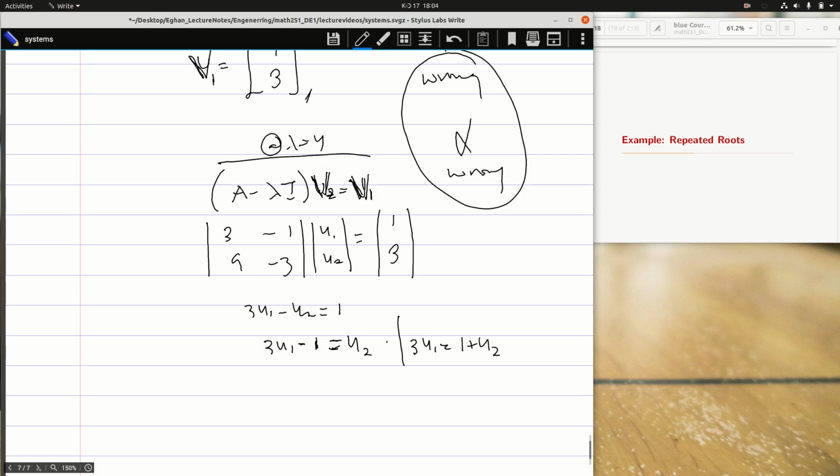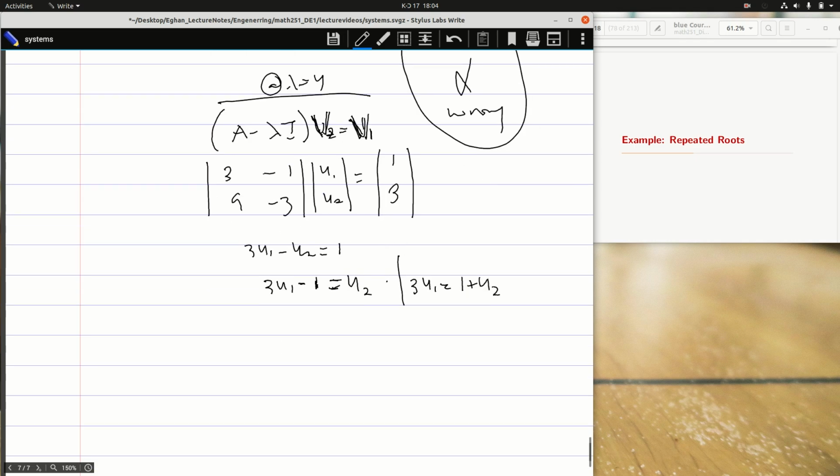But I want to avoid fractions, and so I'll go by this first case. This means that if I set u1 to be 1, u2 is going to be 3 times 1 minus 1. That'll give you 2. It means the eigenvector here, v2, is simply 1 and then 2.